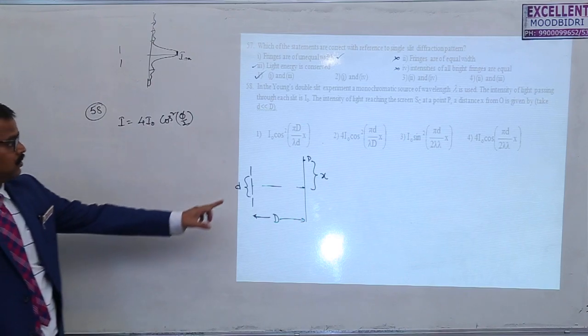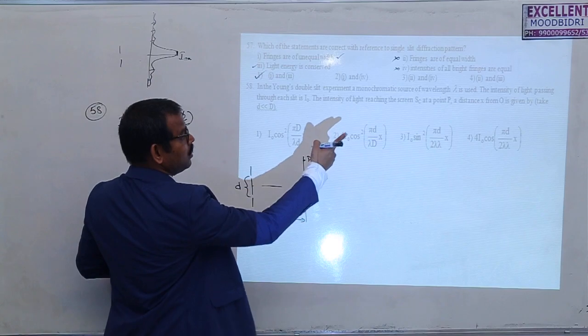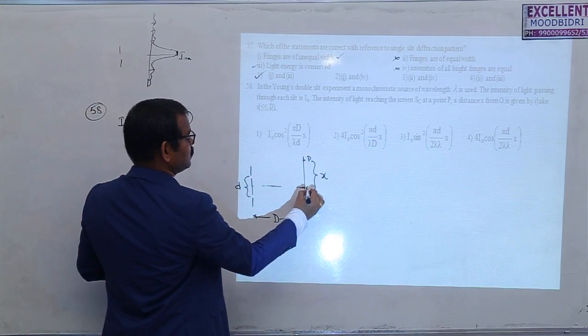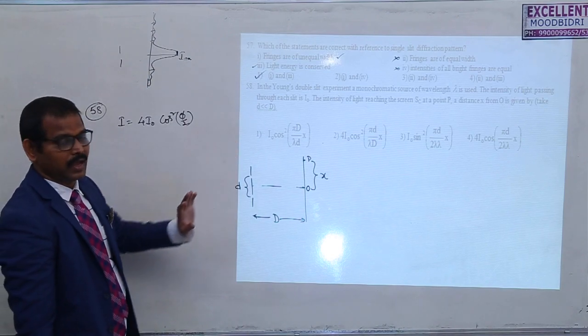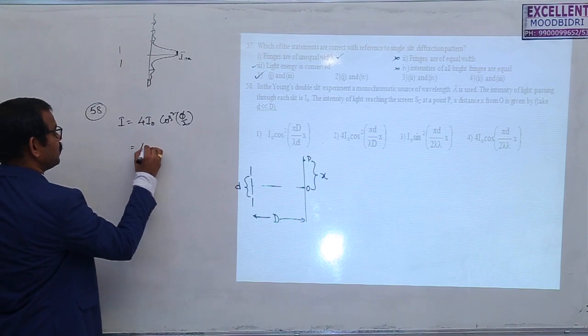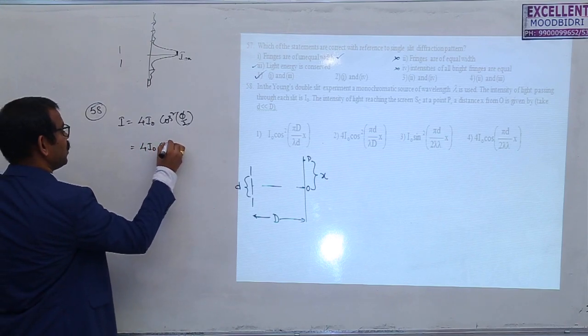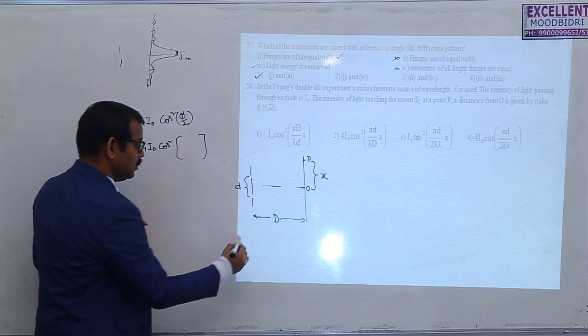So from this one, the intensity of light at the screen at point P at distance x from O, this is the center O, is given by, where small d is much lesser than the capital D. So that is a condition for interference. So from this we can write 4 I naught cos square. So what is the path difference for this point P?